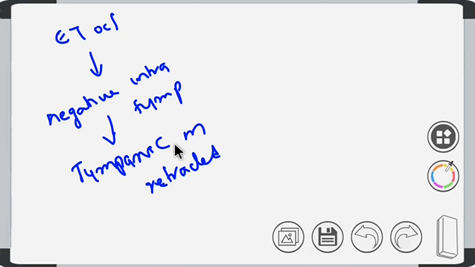I think you understood why there is retraction of the tympanic membrane in ASOM. It is because the eustachian tube gets occluded. This results in negative pressure development in the middle ear, which results in retraction of the tympanic membrane.